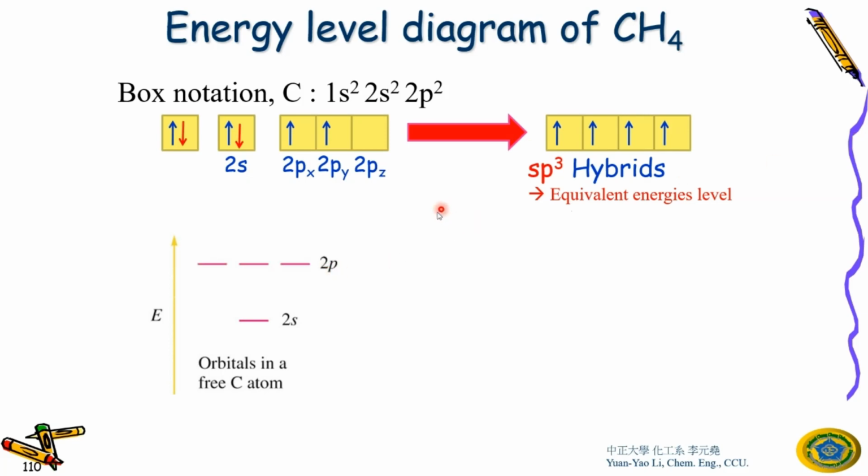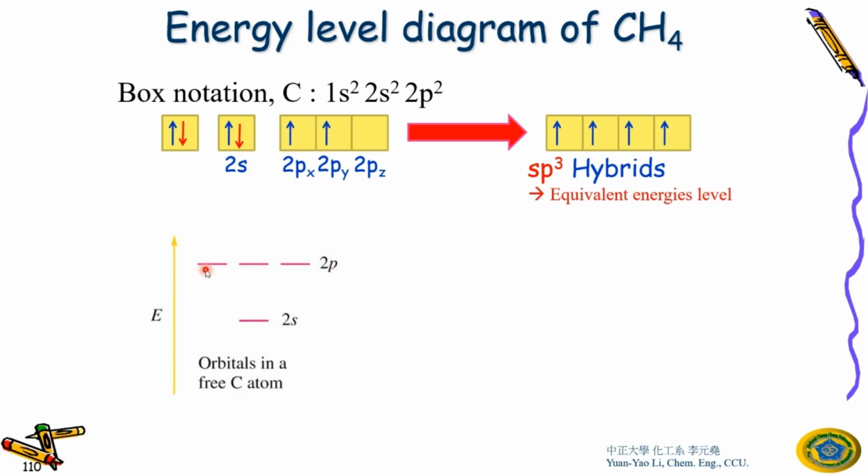So for carbon, this energy level is 2s here, and there are 3 energy states in the 2p orbital. And then once you want to make it sp3 hybridized, you have to follow again conservation of energy states and the Aufbau principle for the electrons.